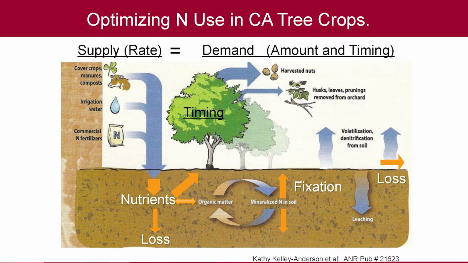When we think about the supply part, we're talking about this area here that I'm highlighting. And you can see that the supply, meaning all the nutrients that are getting into my system, into my orchard, has 3 components. The cover crops, manure, compost, organic matter, the irrigation, the nutrient in the water, and the commercial nutrient fertilizer.